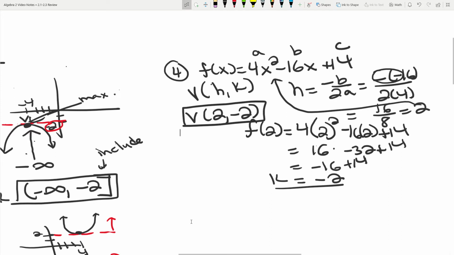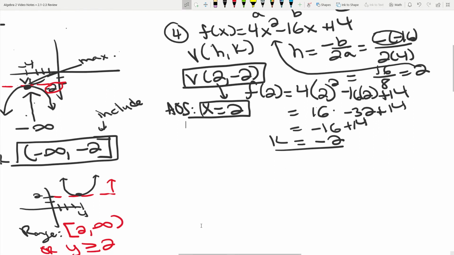Now we need the axis of symmetry. That's also easy. Axis of symmetry is x equals 2, using that x coordinate. Done. Next we want to find the y-intercept. So to find the y-intercept, you're going to set x equal to 0 in the original function here.